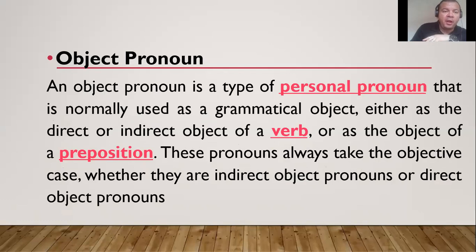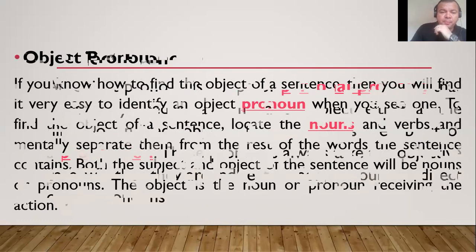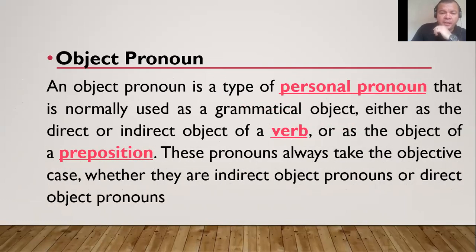The object pronoun is a type of personal pronoun that is normally used as grammatical object, either as the direct or indirect object of a verb or as the object of a preposition. These pronouns always take the objective case, whether they are indirect object pronouns or direct object pronouns.